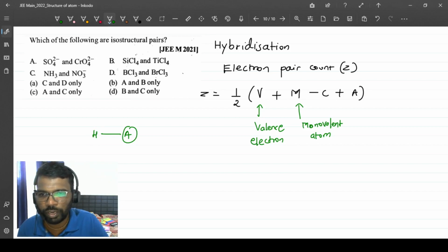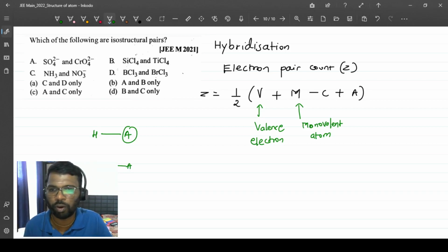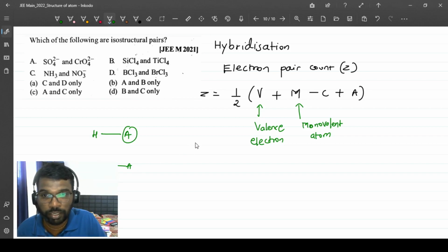Like chlorine also will be connected by one bond, and you don't require one more bond to complete its valency, to make it stable. But oxygen should be double bonded. This is not a monovalent atom.